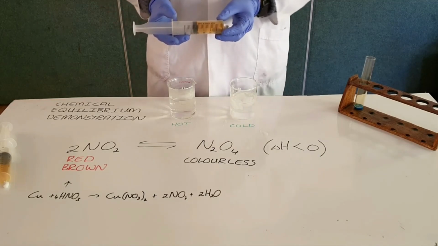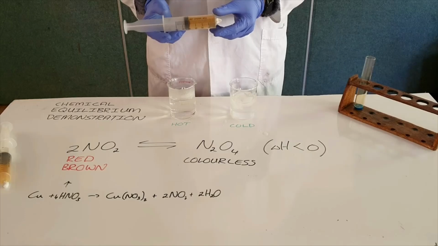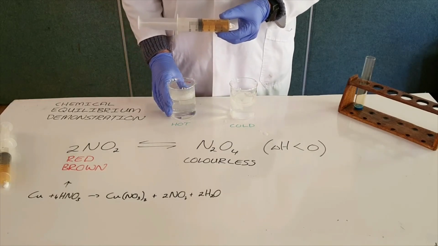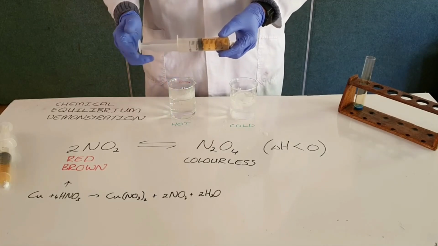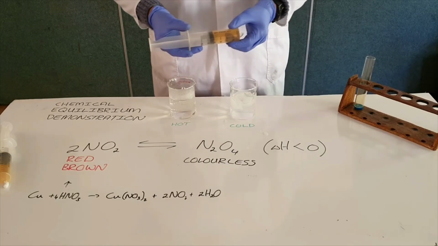Now, since we can see that the forward reaction here is exothermic, we can then say that if we add this to a hot water bath, if we increase the heat of this reaction, we are going to force this reaction to favor the direction that takes in heat, the endothermic direction.